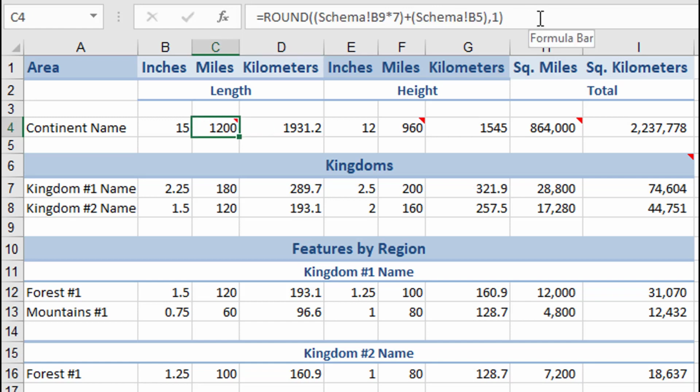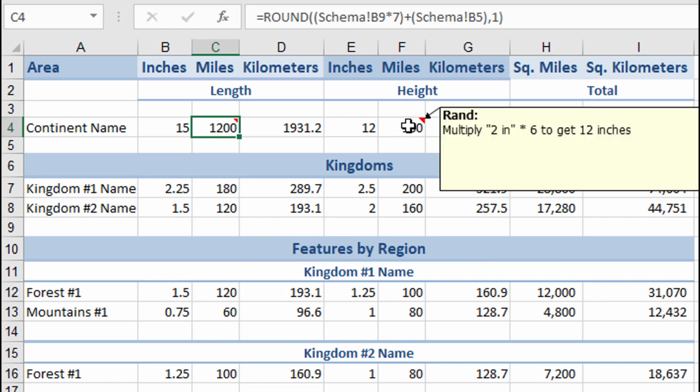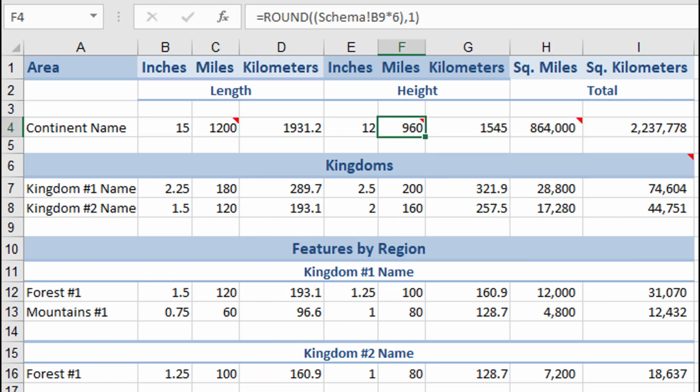So the result is I have a length of 1,200 miles, or almost 2,000 kilometers. And I have a note on here, so you multiply 2 inches times 7 to get 14 inches, then add the 15th inch. So very clever of me, isn't it? I did the same thing with this. And that's pretty much the only difference between this line and the other ones, is that I had to do a little bit of funky math there with referring to my other sheet a couple different times.